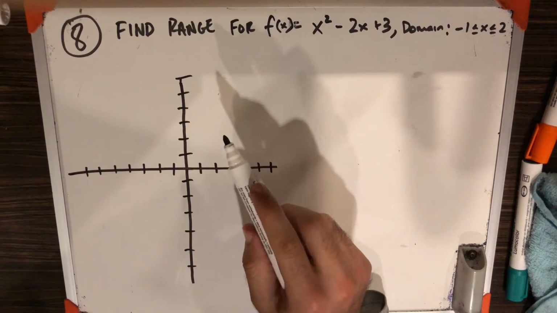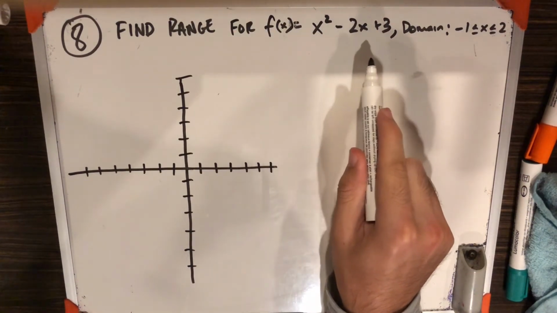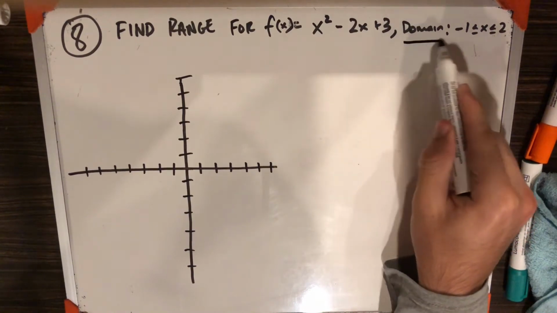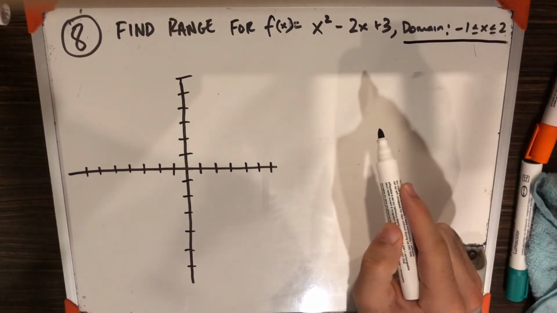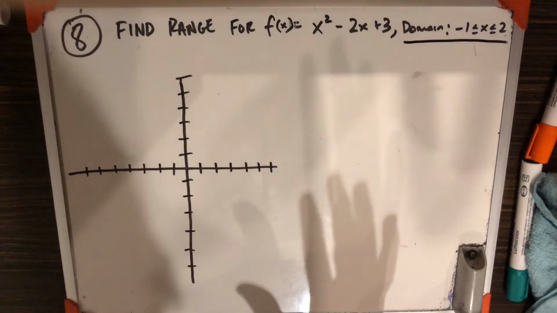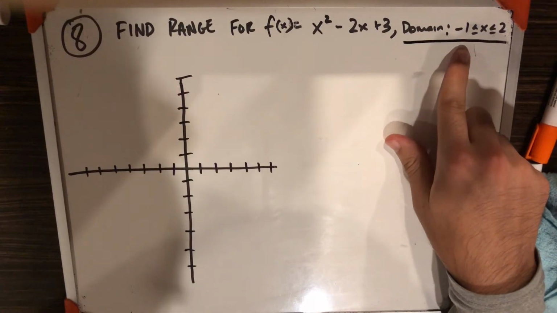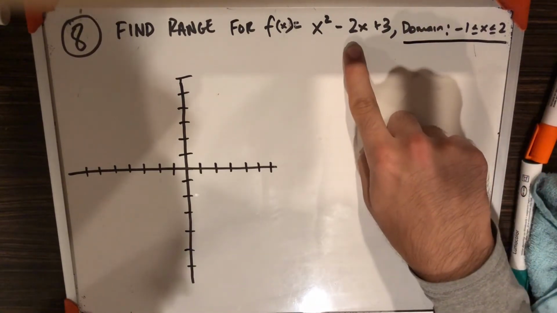All right, for number 8, find the range for f of x is equal to x squared minus 2x plus 3 with the domain between negative 1 and 2. So remember, I cannot just simply use a table here. This is a quadratic.